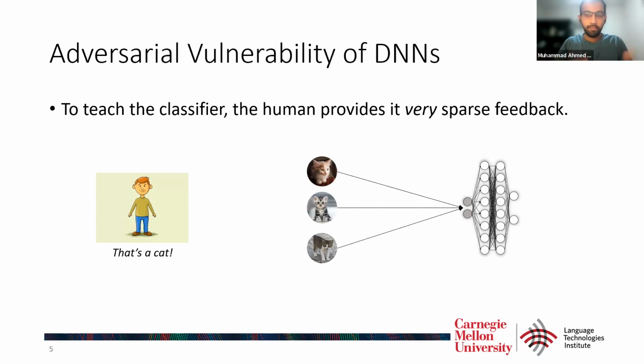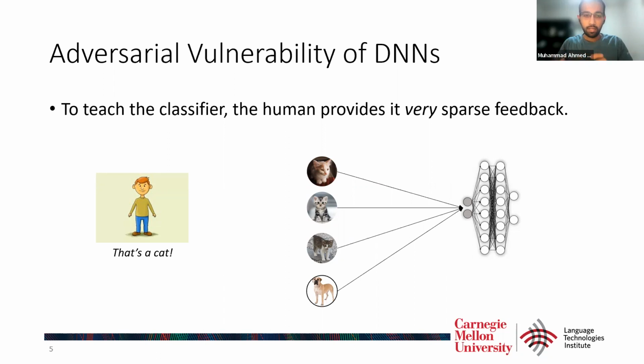We do not provide any additional information, so we are giving it very sparse feedback. Then we give it some negative example, in this case the image of a dog, and we tell it, okay, this is not a cat. So we are giving it very sparse information with just exemplars of different classes, and we expect the model to be able to classify these things accurately.